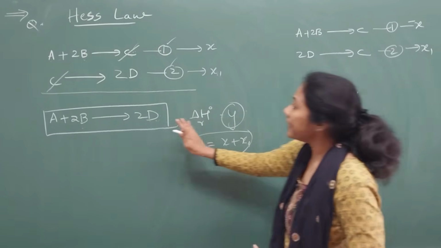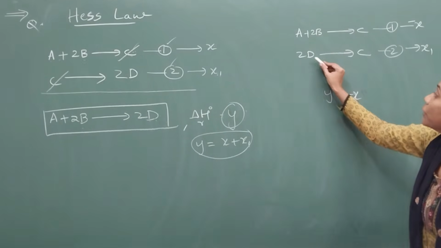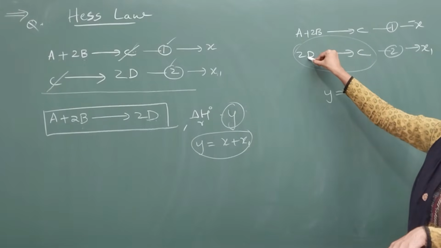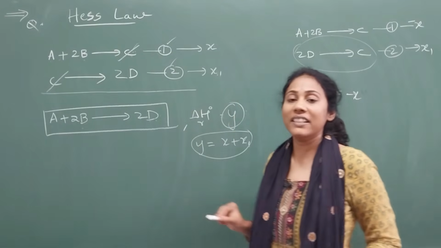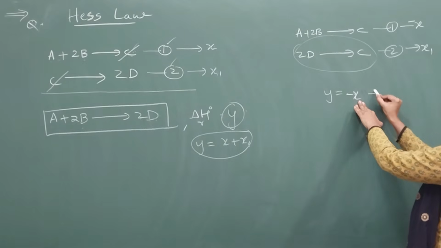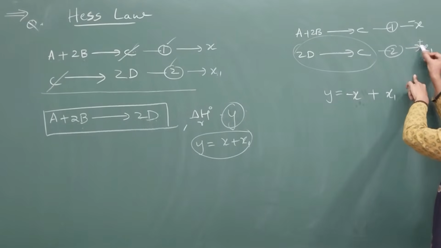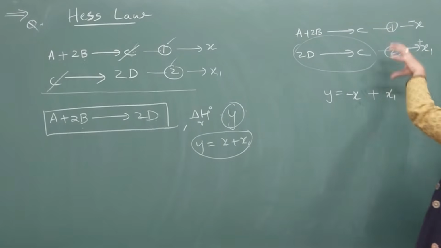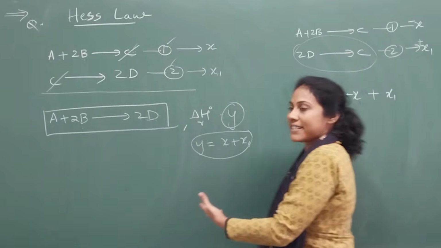But now look here, 2D is supposed to be on the product side in our desired equation, but in the reaction involving 2D, it is on the reactant side. So you are not supposed to take plus X1, which is given in the information. You have to reverse this equation, only then when you add do you get this, isn't it?